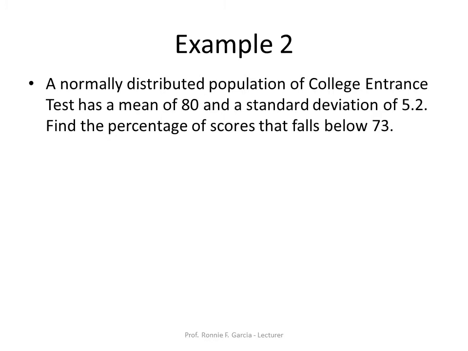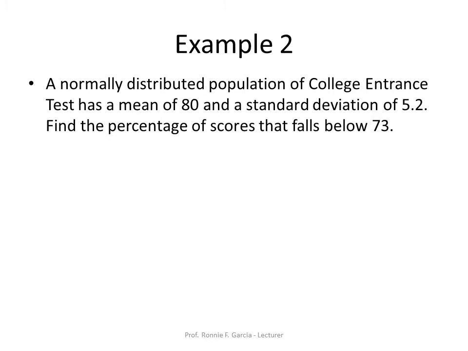The mean is 80 and the standard deviation is 5.2, and we have to get the percentage of scores that fall below 73. We can never use the standard normal distribution for this problem because this is not standardized. So what's the first thing to do? We need to standardize this by converting our score 73 into its standard score.